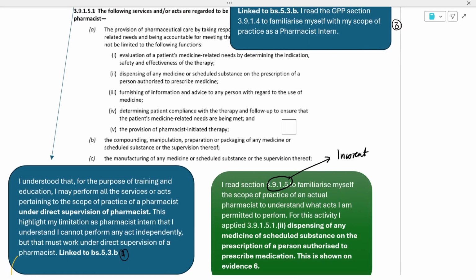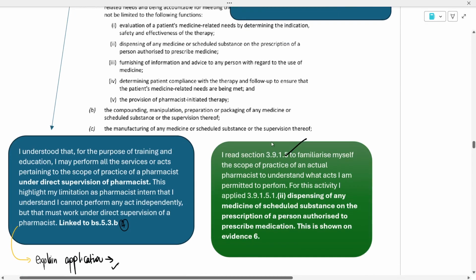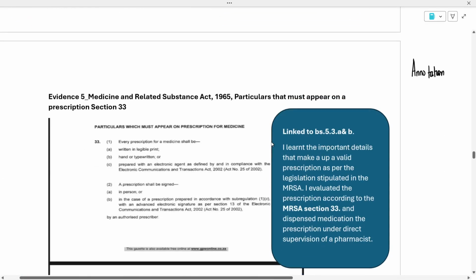I thought you were including that of a post basic. This is actually correct in this case. Dispensing. Okay. This is correct. So this is fine.